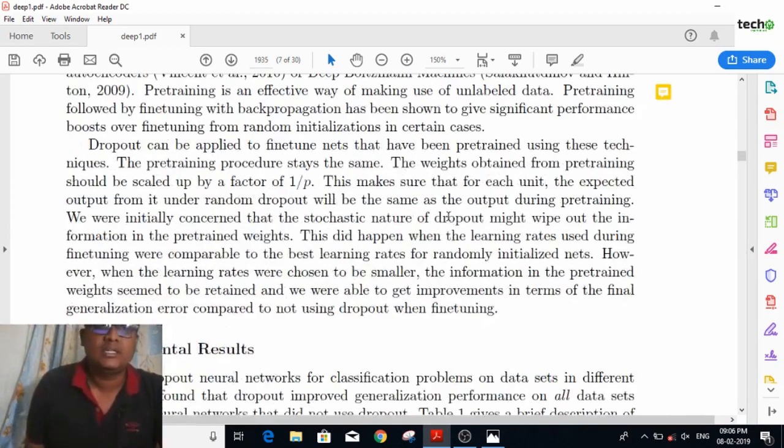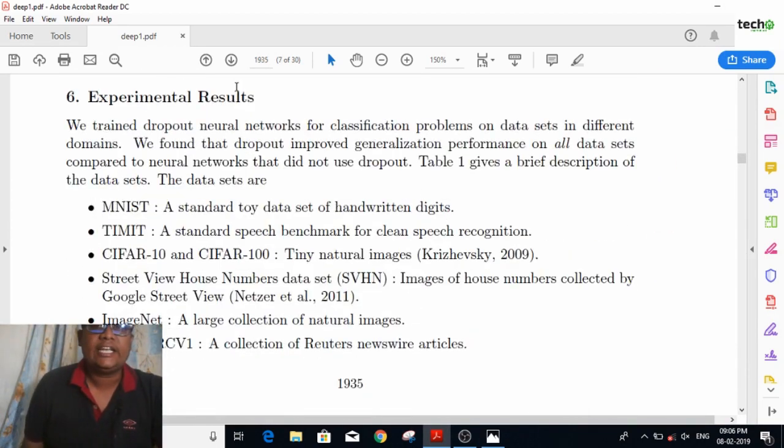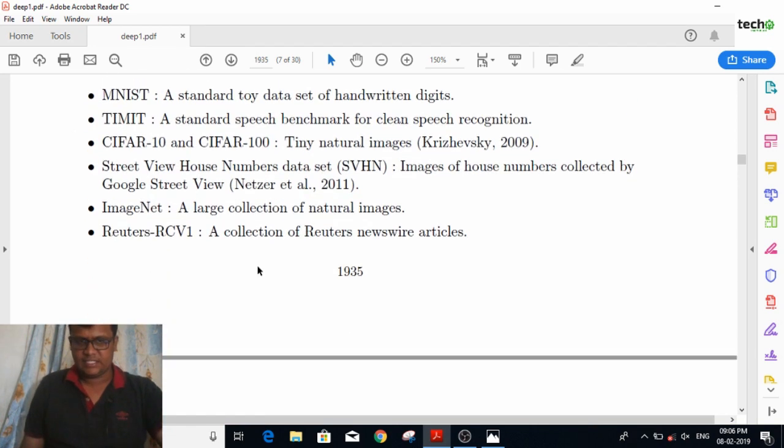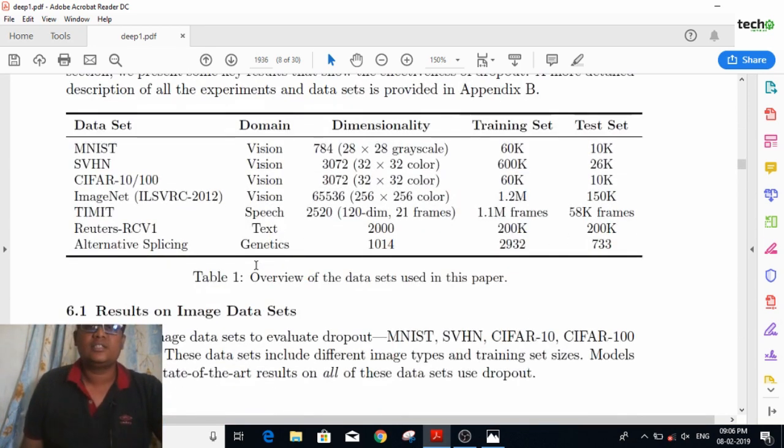So let us discuss what the experimental results are. These are the data sets they have used: MNIST, which is handwritten digit identification, CIFAR-10, CIFAR-100. These are some of the data sets used in this respective figure, and these are the dimensions of it.